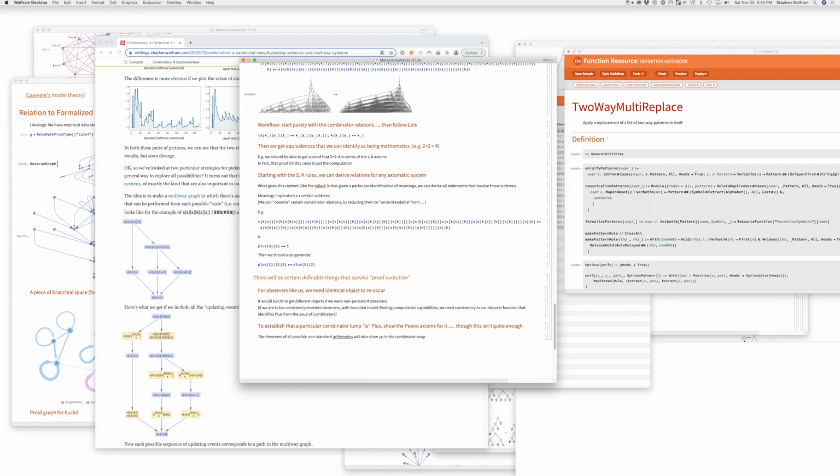Okay, but in the end, we're going to derive this giant soup of statements. Some of those statements we will identify as human mathematics. Few and far between. Right. Oh, I see.